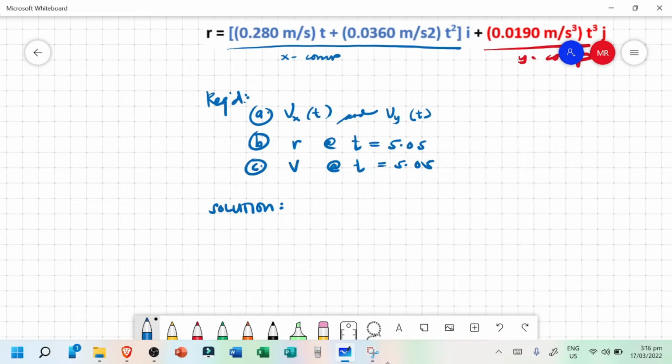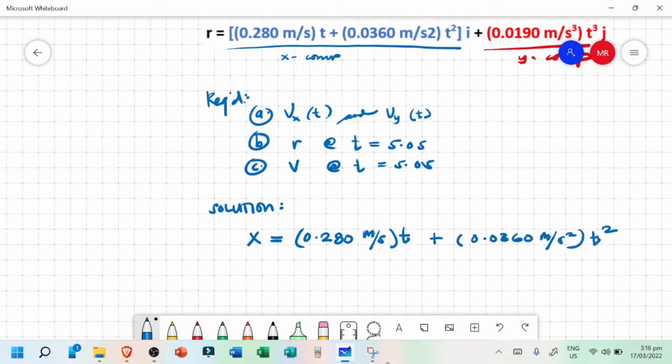So the x component, let's say x is 0.280 meters per second times t plus 0.0360 meters per second squared t squared.